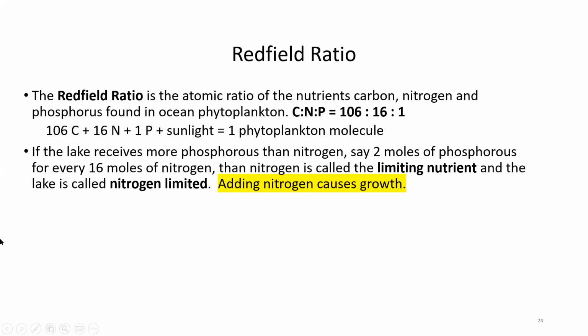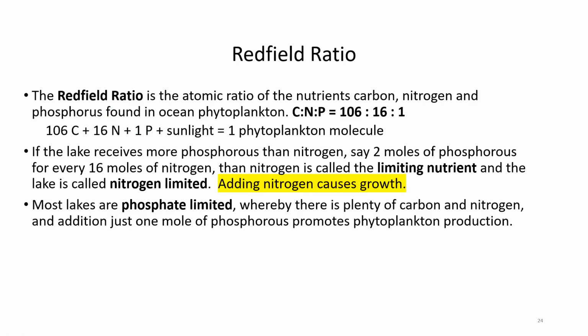So if you've got 2 moles of phosphorus for every 16 moles of nitrogen, so like if you had 2 here instead of 1, then nitrogen in this system would be limiting. And so therefore, if you add nitrogen, it's going to cause a lot of growth. And that's usually what happens in these scenarios.